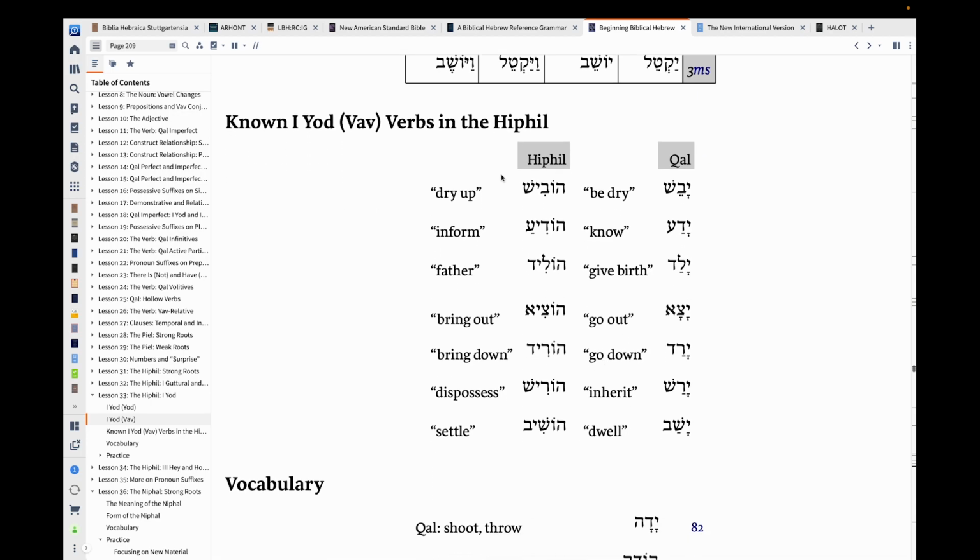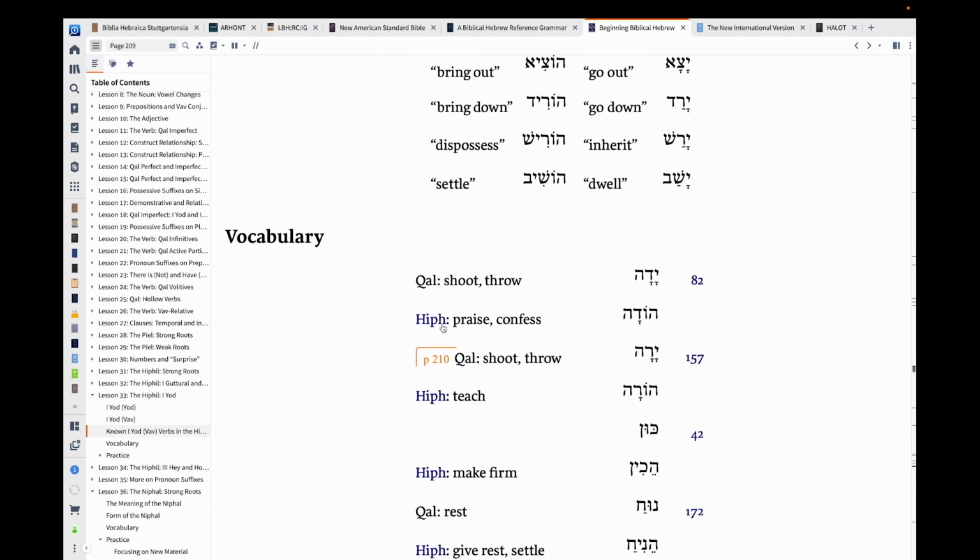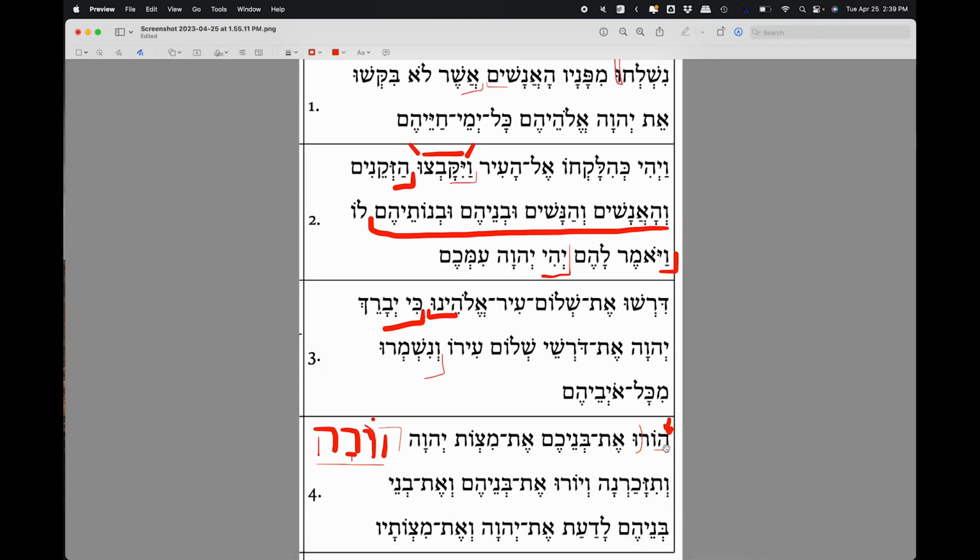So if that's the case, let's see, we don't have an example here, it looks like. Yeah, here's teach. Okay, so this could be they taught, or this could be teach.